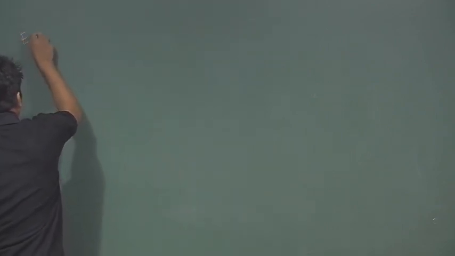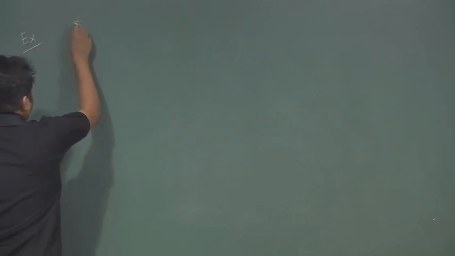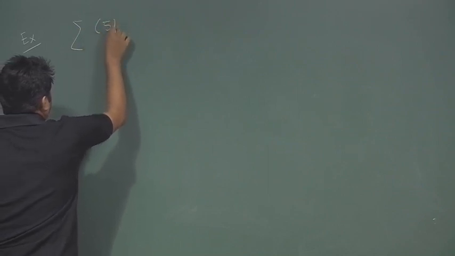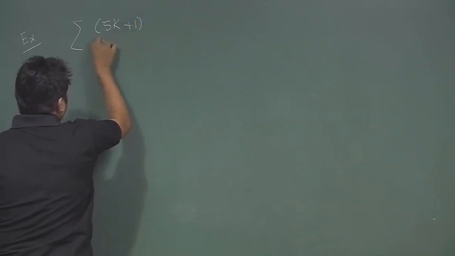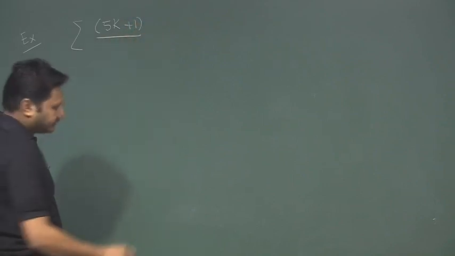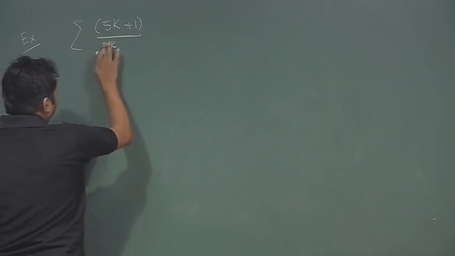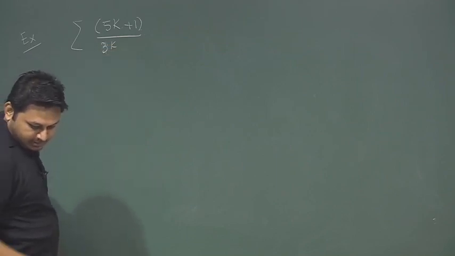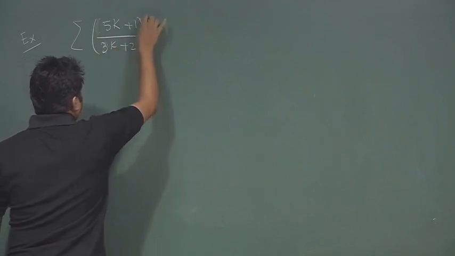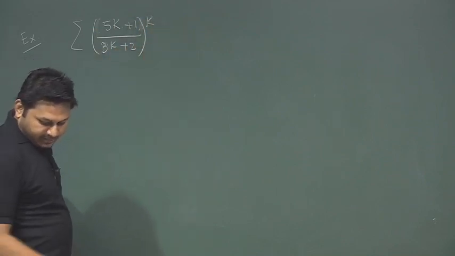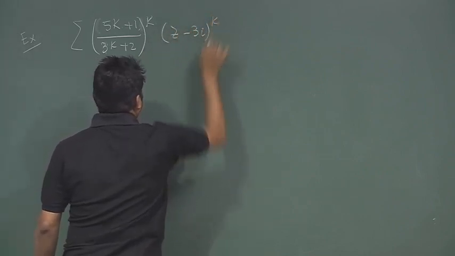As a continuation of the previous lecture, I have something like this: the sum of (5k plus 1) divided by (3k plus 2), the whole to the power of k, and then multiplied by (z minus 3i) to the power k.